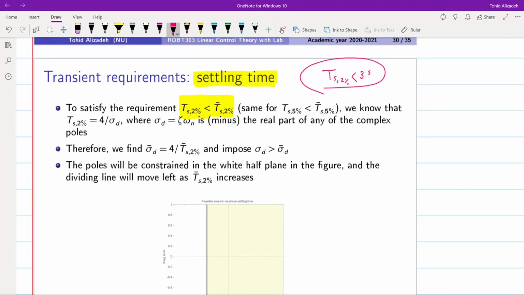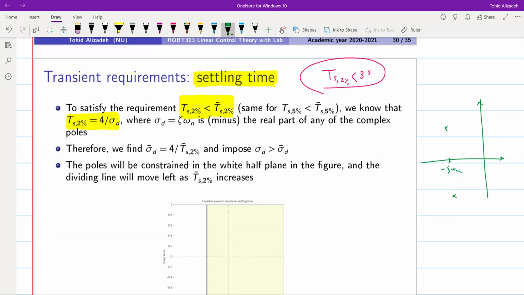On the other hand, we know that the settling time is related with zeta omega n. 2% settling time is 4 over zeta omega n. And it's indeed the real part, yeah? Zeta omega n is the real part of the poles of the system.